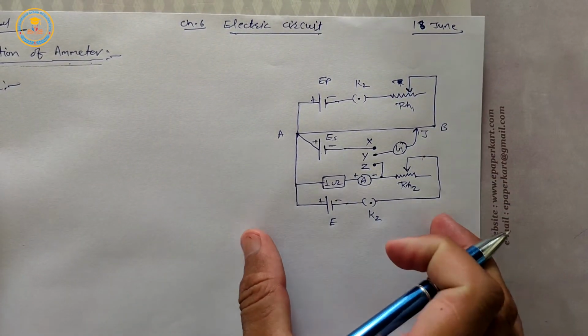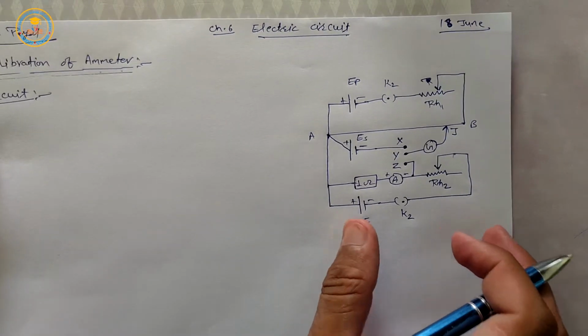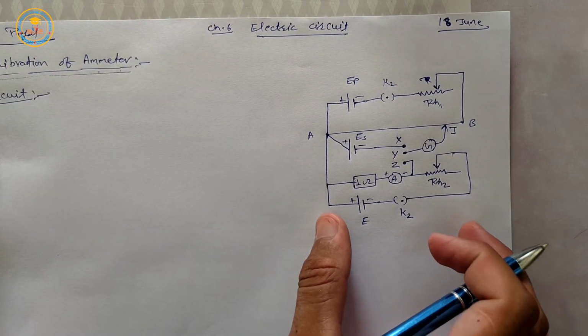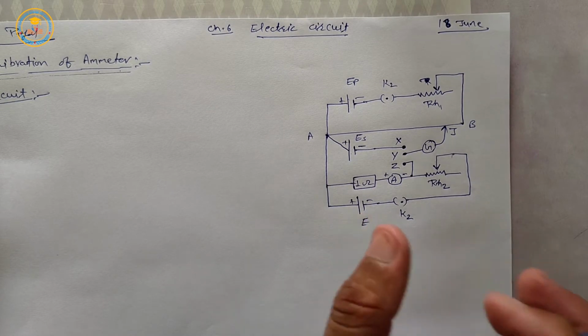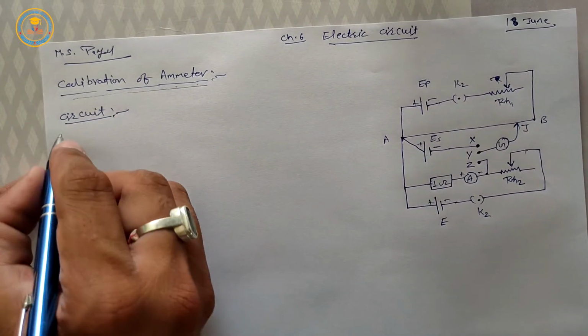Okay, this is the circuit diagram of the calibration of ammeter experiment.